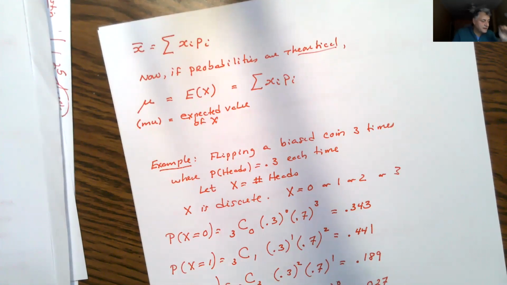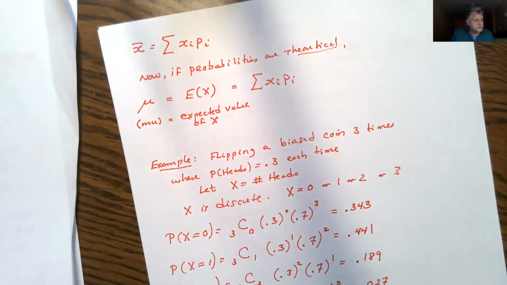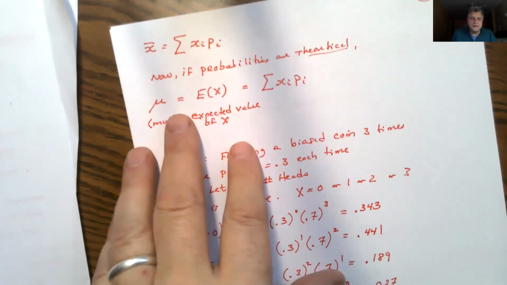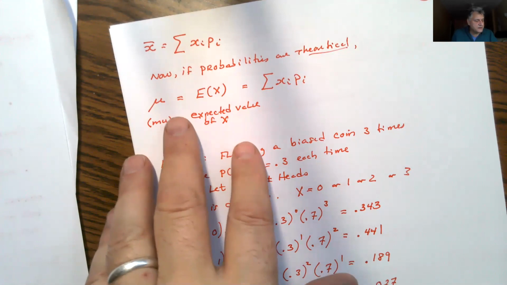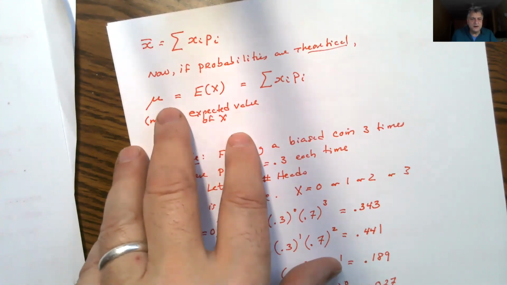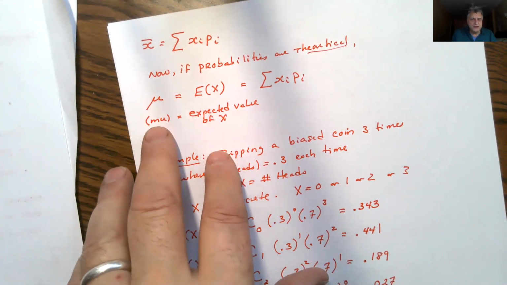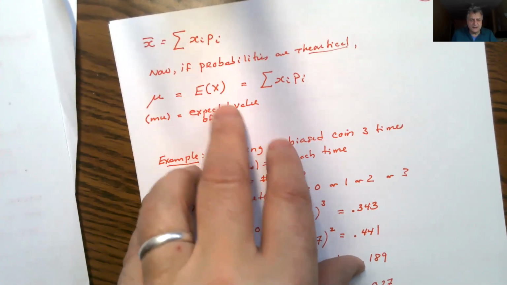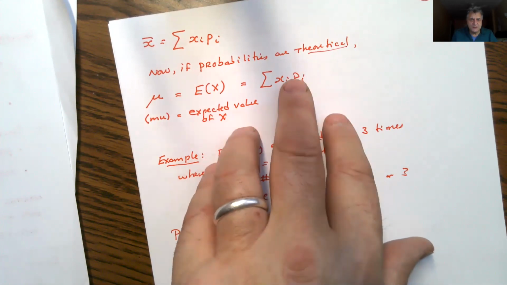And if you know what the probabilities are, instead of just doing an experiment, then we're going to call this expression here mu instead of x bar. So you pronounce it mu, Greek letter, which is also the expected value of x, okay, which is this formula.